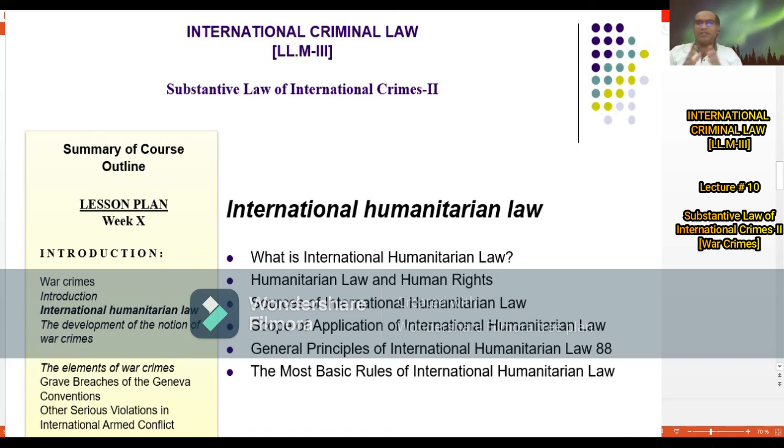So, students, these principles are very clear. It is the moral, ethical, and humanitarian basis that when any conflict occurs, innocent civilians, children, women, and senior persons, and their lands and environment should be protected during warfare.